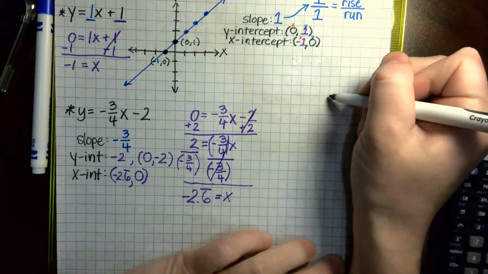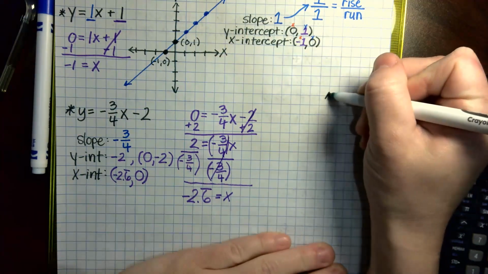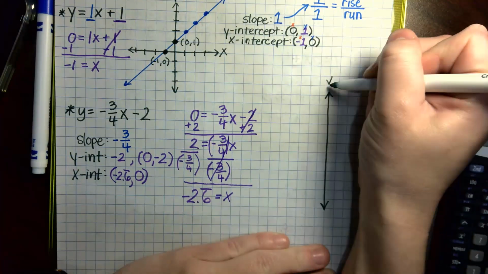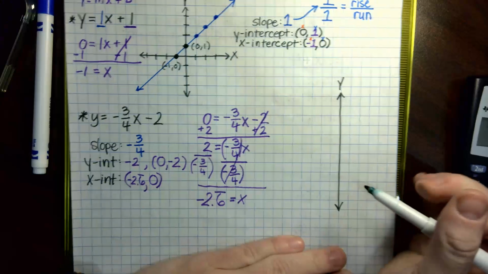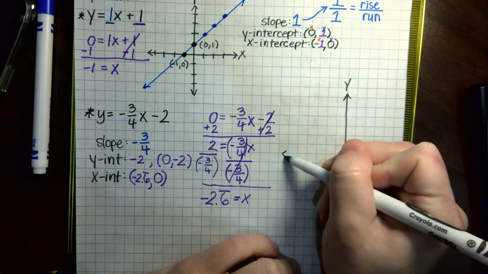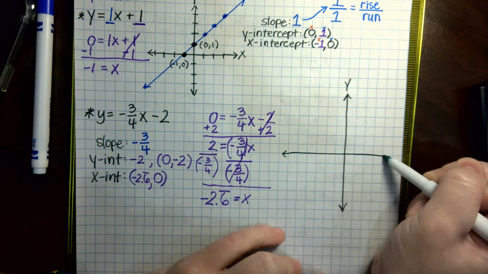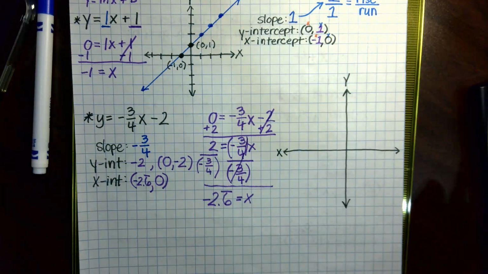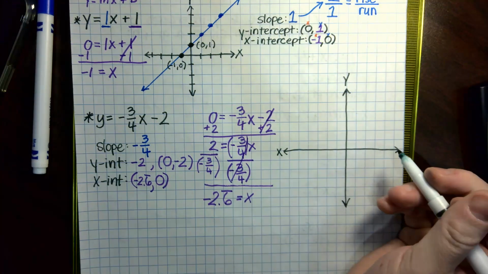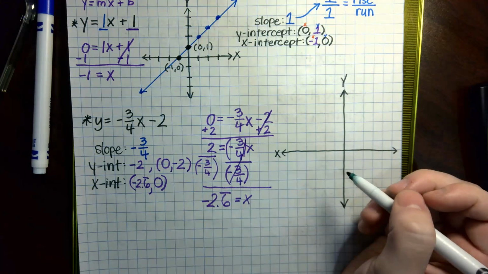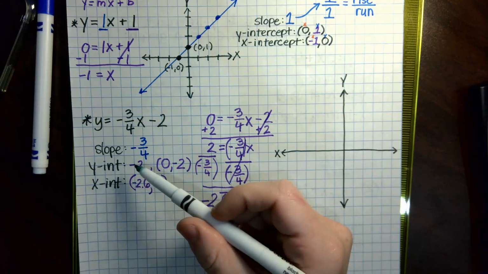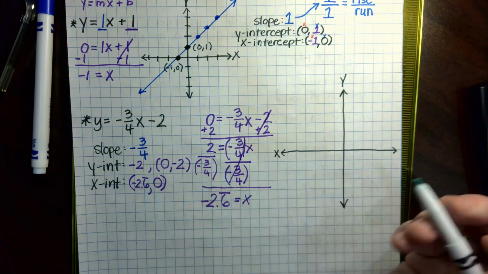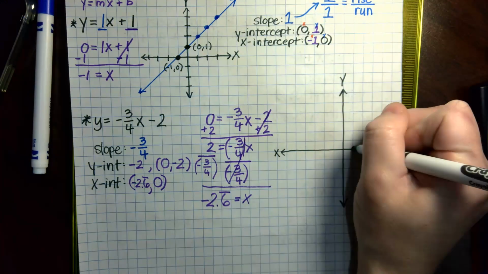Let's start with a nice up and down line here. Label it y. And then we need to label an x-axis as well. I'm just going to put it over here. Now, we're going to start with our y-intercept. We found the point 0, negative 2. Sorry, guys.